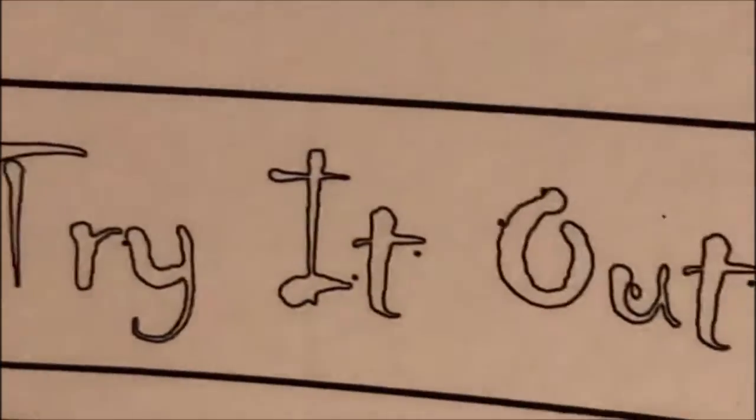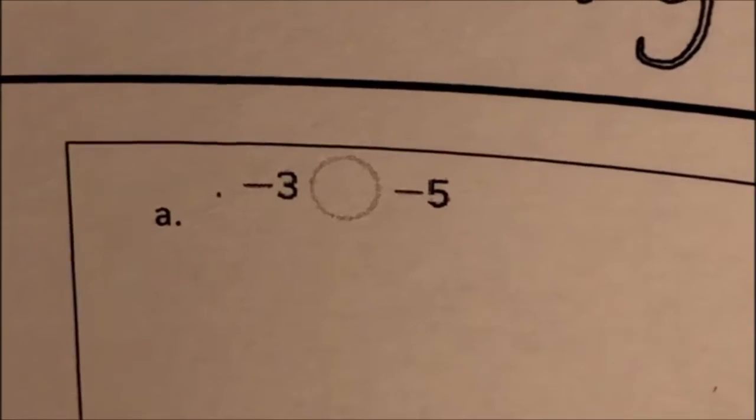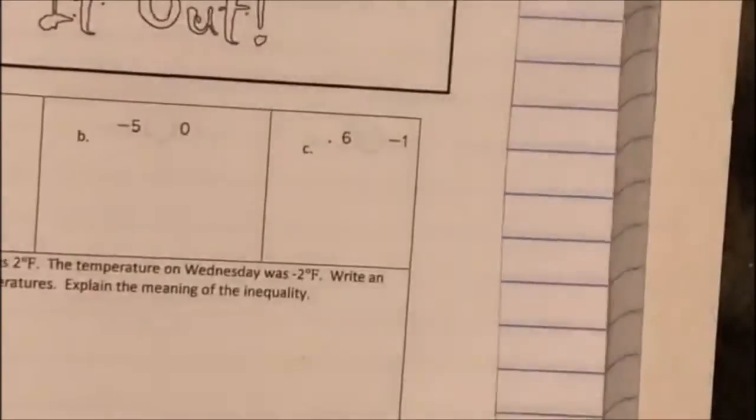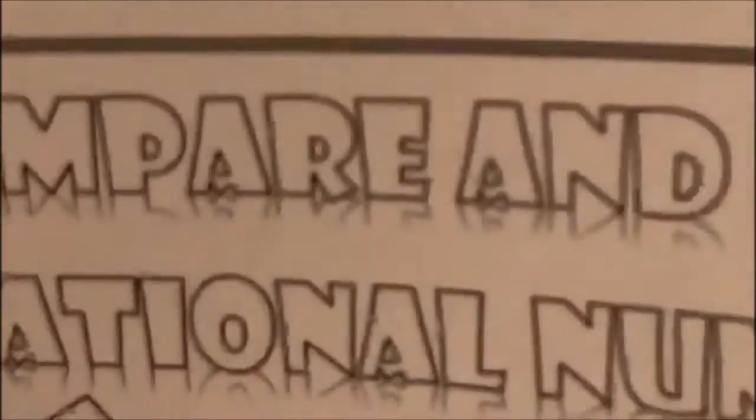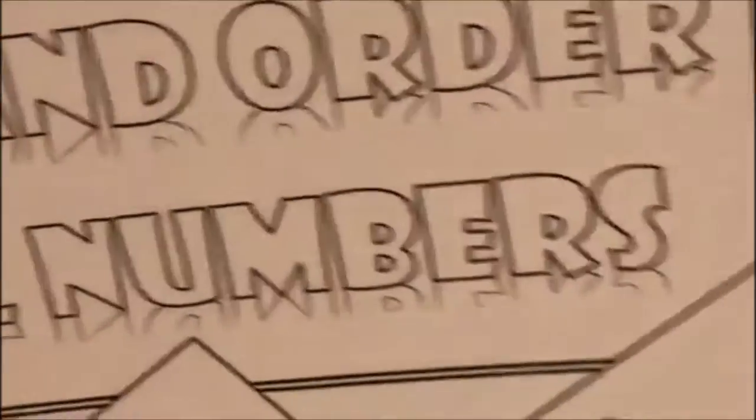Page 97, you're going to glue in the try it out. It has letter A, -3, the circle, and then -5. That goes on page 97. On page 98, you're going to glue in compare and order rational numbers.